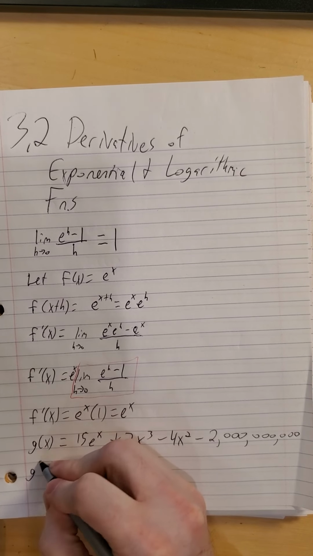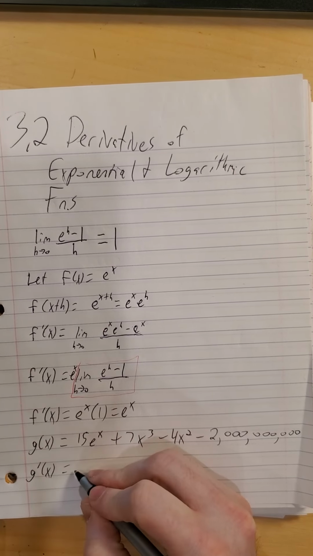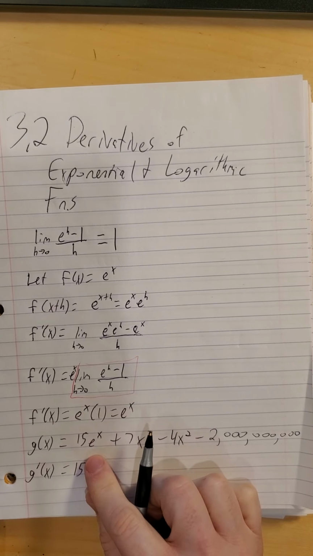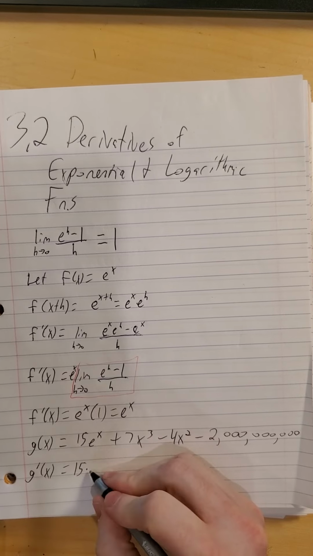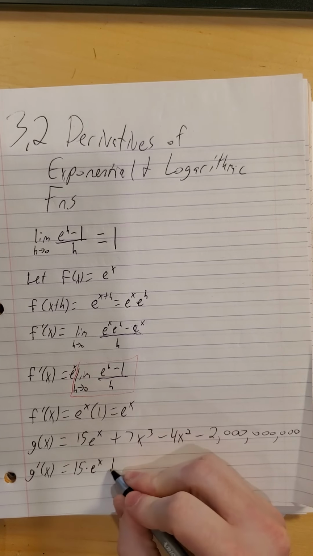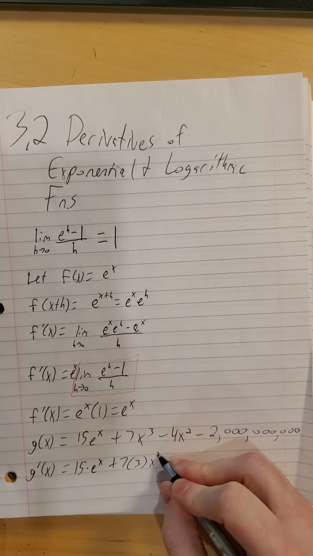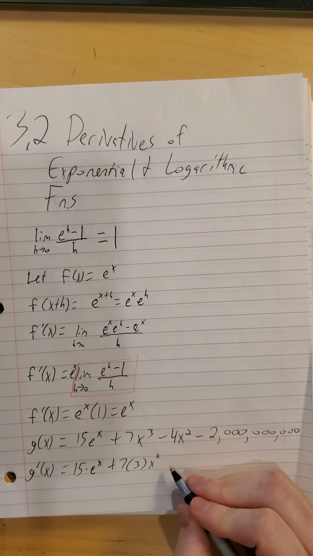Okay, welcome back. So g prime of x, hang on to the factor, derivative of e to the x is e to the x. Hang on to the 7, 3 becomes a factor, x cubed gets knocked down to x squared.